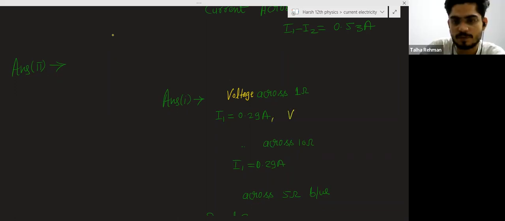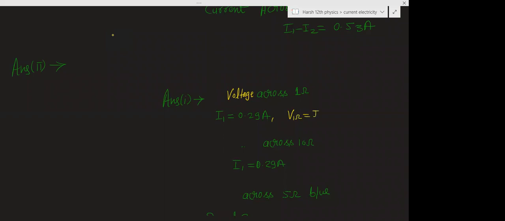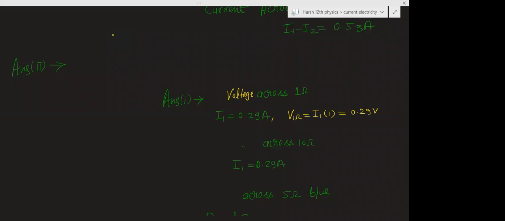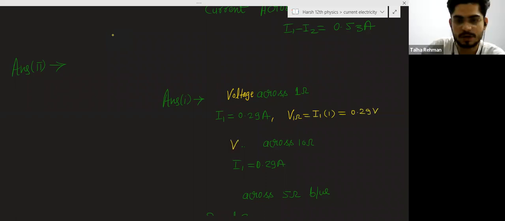Voltage across 1 ohm is equal to I1, which is 0.29, into 1, and this will become 0.29 volt.